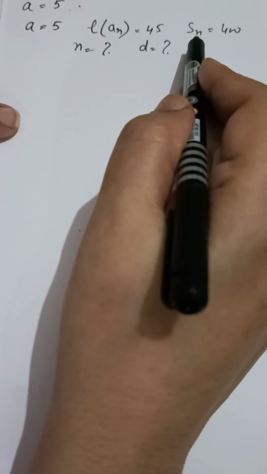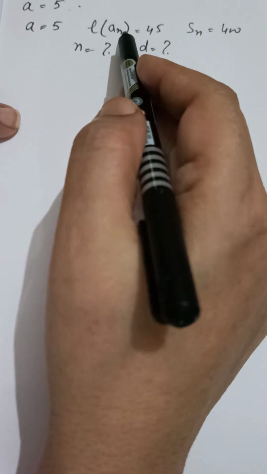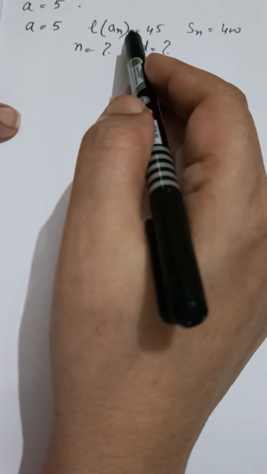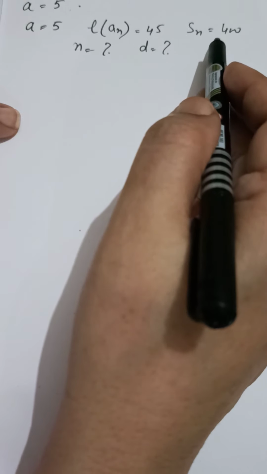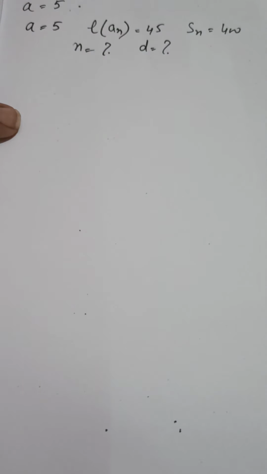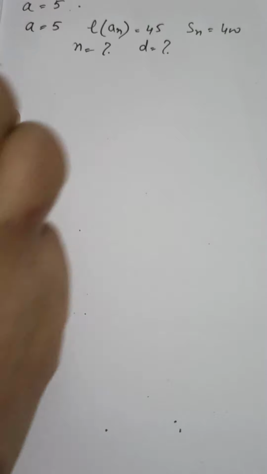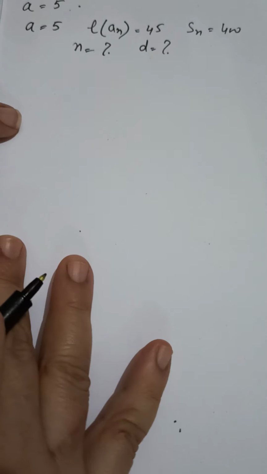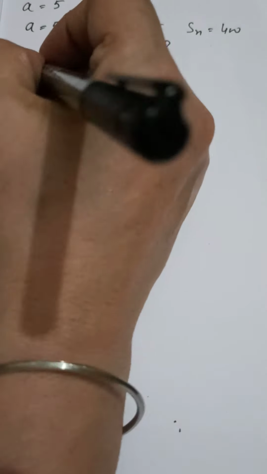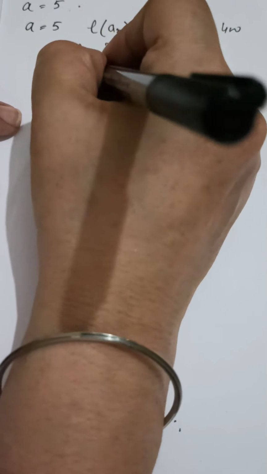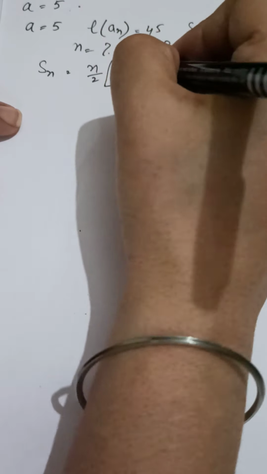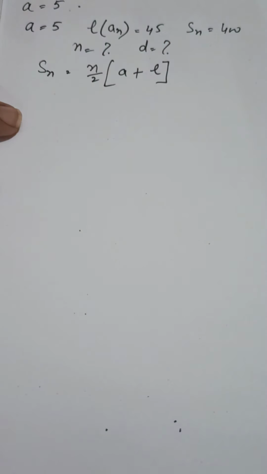So given is Sn, and An is also given. Both are given. So what will we do? We will start from Sn. Sn is equal to 400, that is given to us. So we will use the formula Sn is equal to n upon 2 times A plus L, the last term.